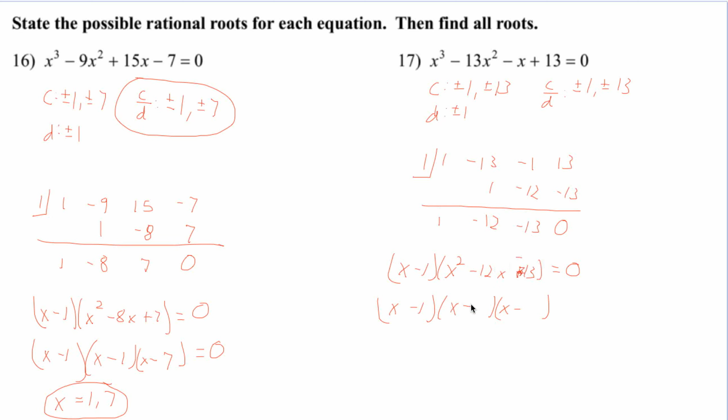So in order to get a -13, we need 1 positive and 1 negative. So looks like we need a -13 and a positive 1 to give us this -12. So x equals 1 makes this 0, negative 1, or 13. There's our answer for that one.